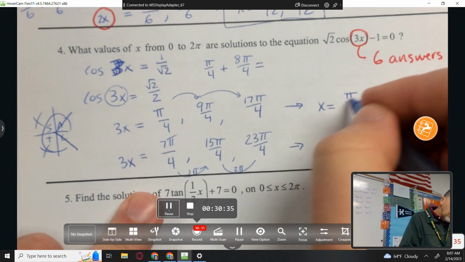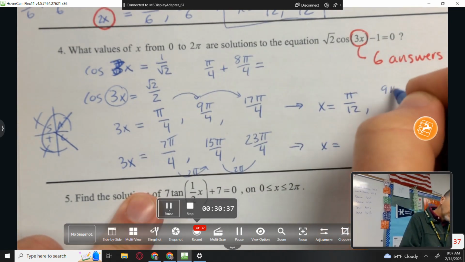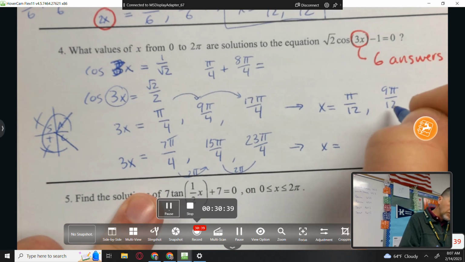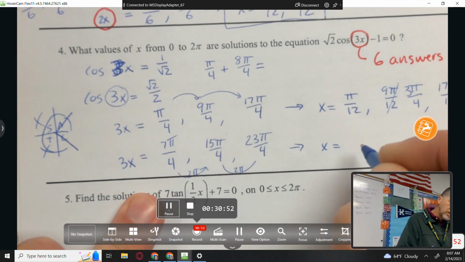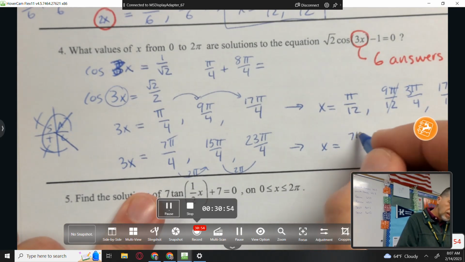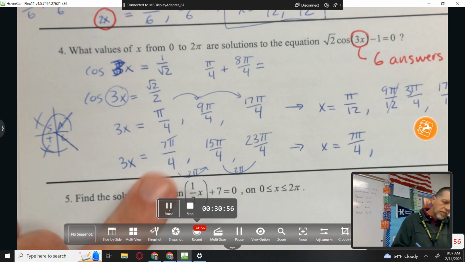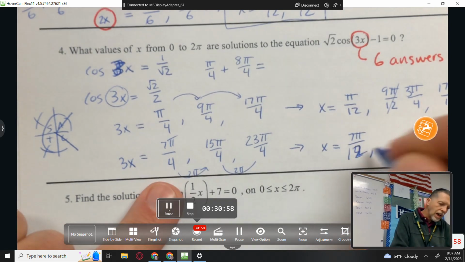So pi over 12, 9 pi over 12, whoops, that one reduces. So that would be 3 pi over 4, 17 pi over 12. Because I reduced the 9/12.